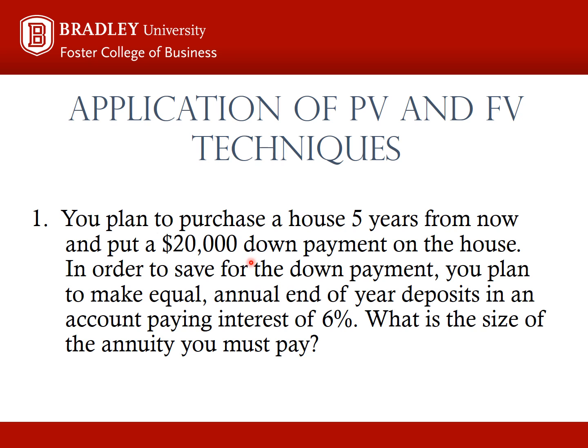So the only other number that could give us a clue is this number here, and it says we want to put a $20,000 down payment on the house. So that $20,000 is an amount that we're trying to save up in 5 years, right? So it is a future value amount. So the only formula that has any place to plug in a future value number is future value annuity, right? If we're dealing with an annuity. So going to the next slide.